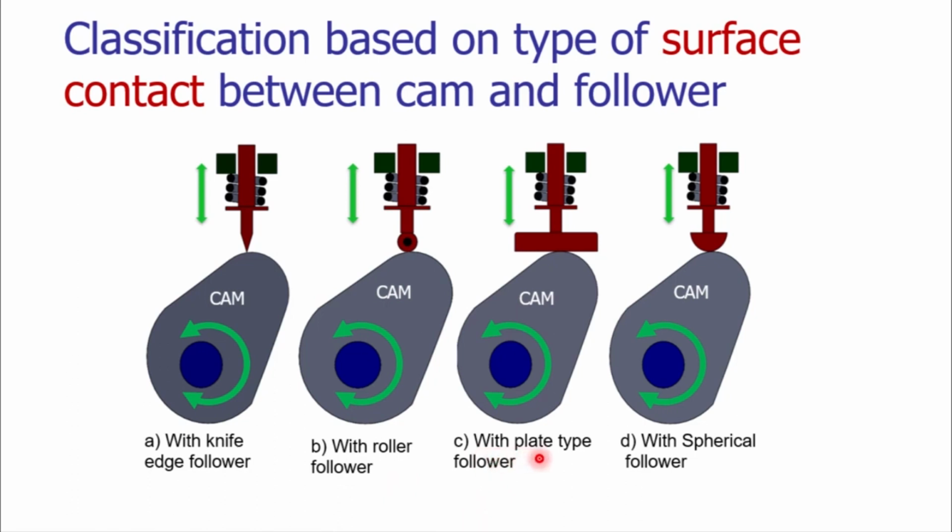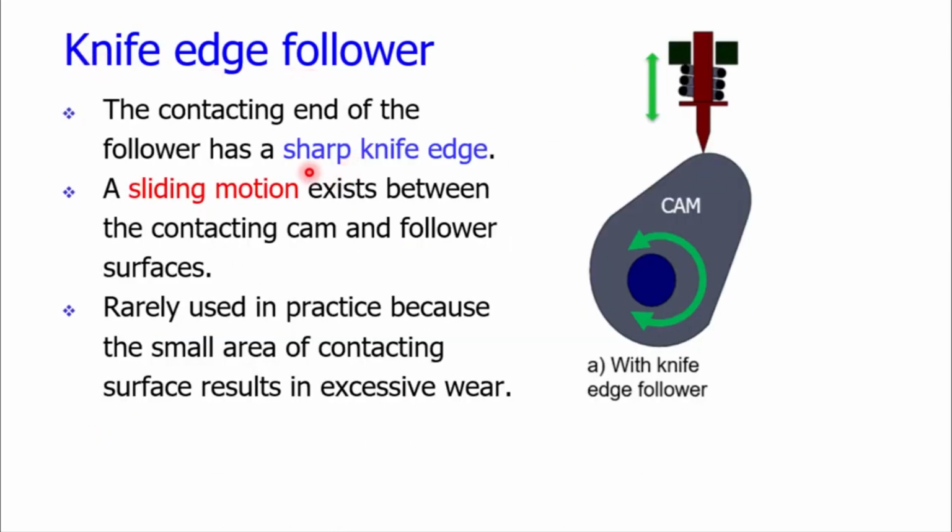We can even have a plate type of follower. To have efficient contact with the follower, we can even provide a spherical nature to the end of the follower. The knife edge follower provides a sharp knife edge. Due to that, there will be excessive wear of the knife edge, and that will lead to a decrease in accuracy.